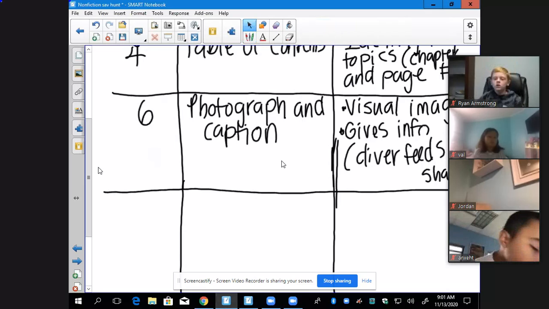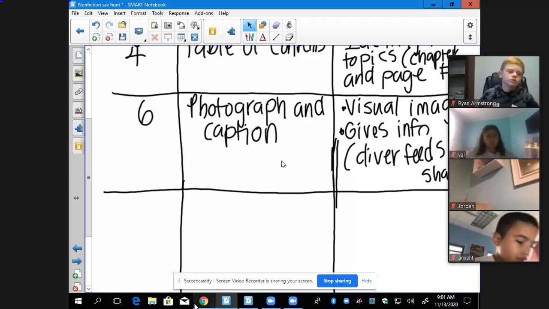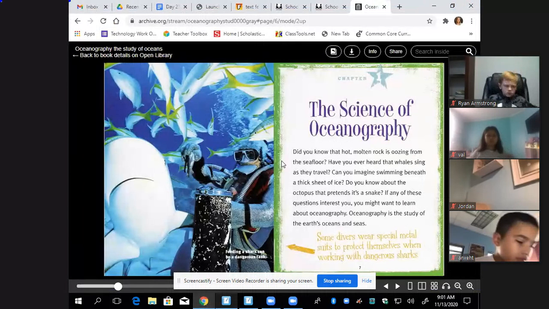And our next one is, we're going to keep on reading. We're going to keep on hunting. We are going to read a little bit. So let's go back and read just the first page. And we might have read this yesterday.